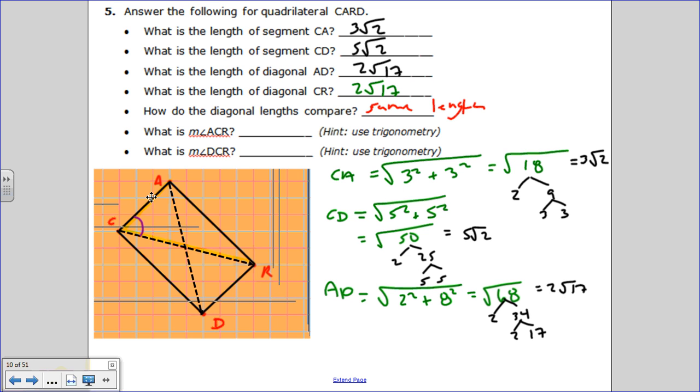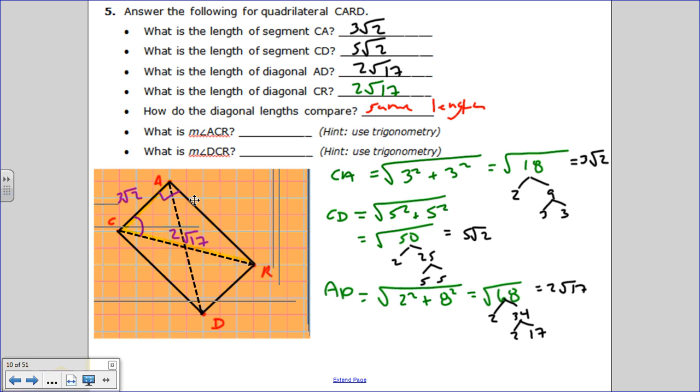So we know the length of AC or CA is 3 root 2. And we know the length of CR is 2 root 17. This is a right triangle because it's a rectangle.